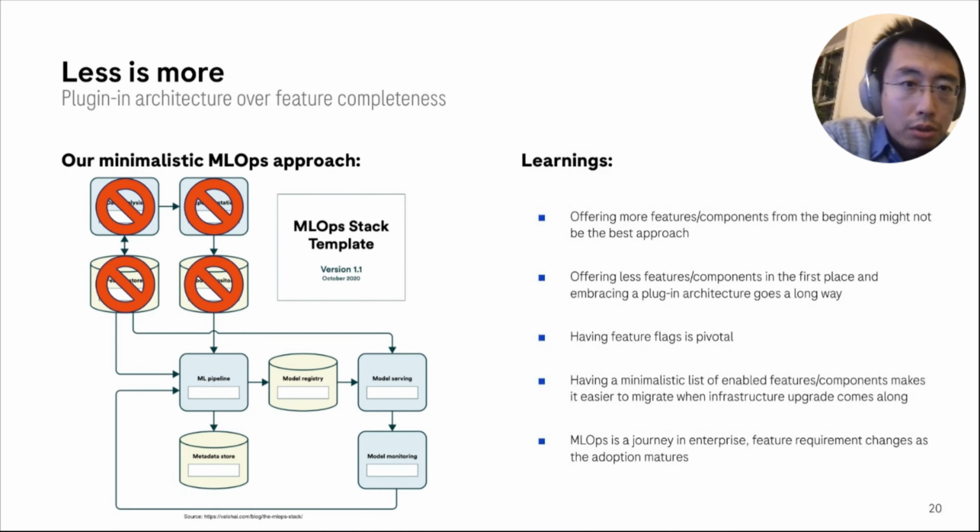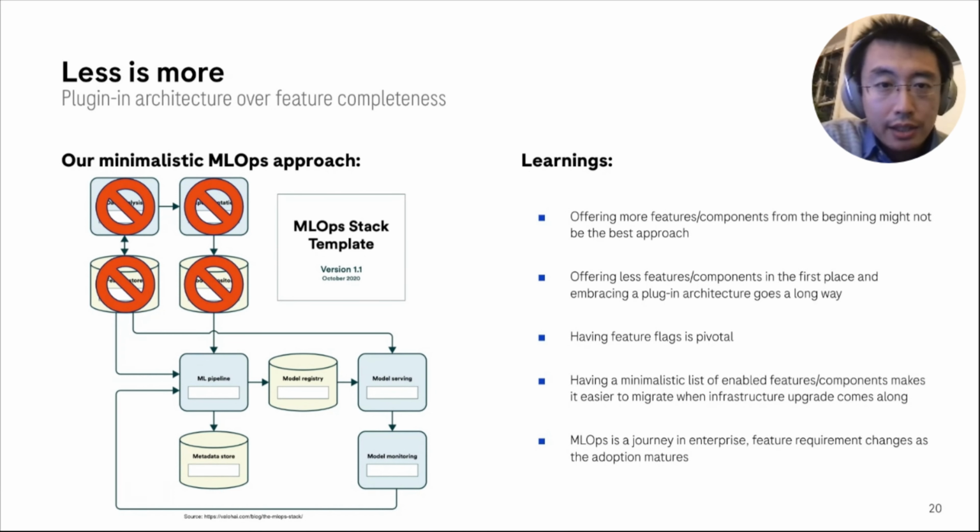By going through this exercise, it actually dawned on us that an enterprise MLOps solution would need to be modular, granular, and flexible, which truly embraces a plugin architecture. We have seen quite a few vendor solutions which offer a rich list of features and components up front, as well as the possibility to add even more on top.